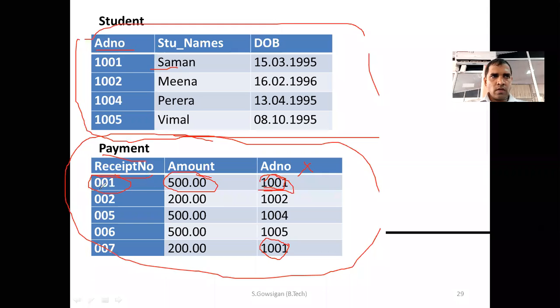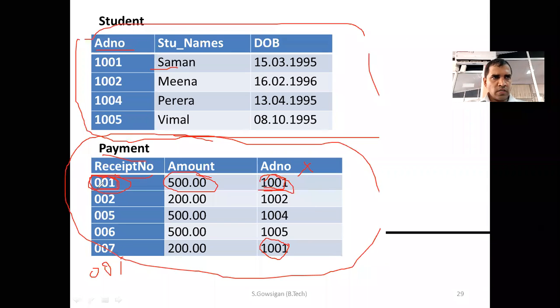Now understand that this 001 will never be repeated. You can't say that there is another 001, because a receipt number given for one receipt cannot be printed for another receipt. If they print one receipt number for two or more receipts, definitely there is confusion.